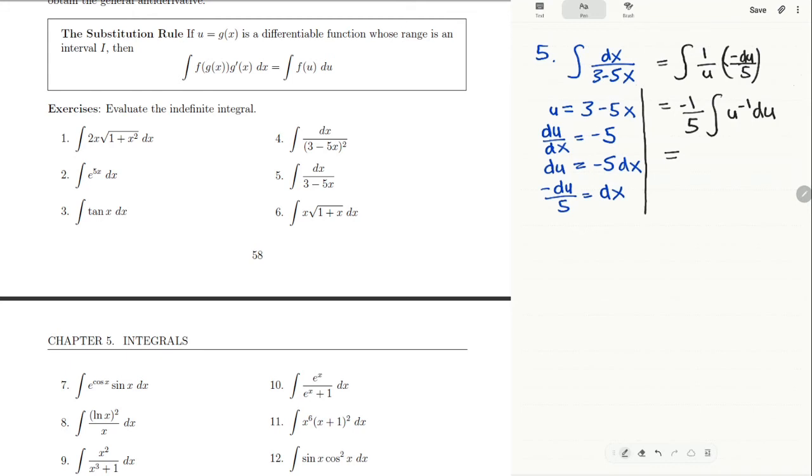And if we use our table of antiderivatives, we know that the antiderivative of u to the negative 1 is the natural log absolute value of u. And so the antiderivative is negative 1/5 natural log of absolute value of u plus c. And lastly, if we substitute back u, which is 3 minus 5x, then this is the antiderivative.